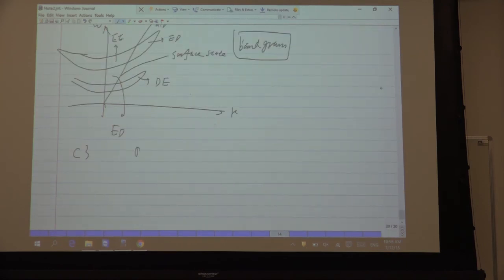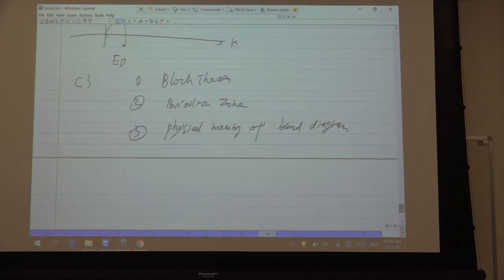It is how to draw this band diagram and how to know the physical meaning of the band diagram.